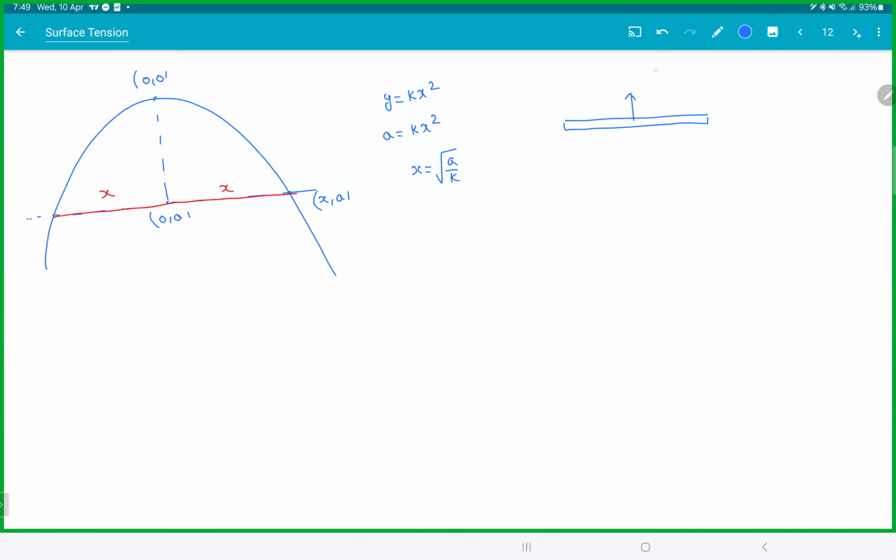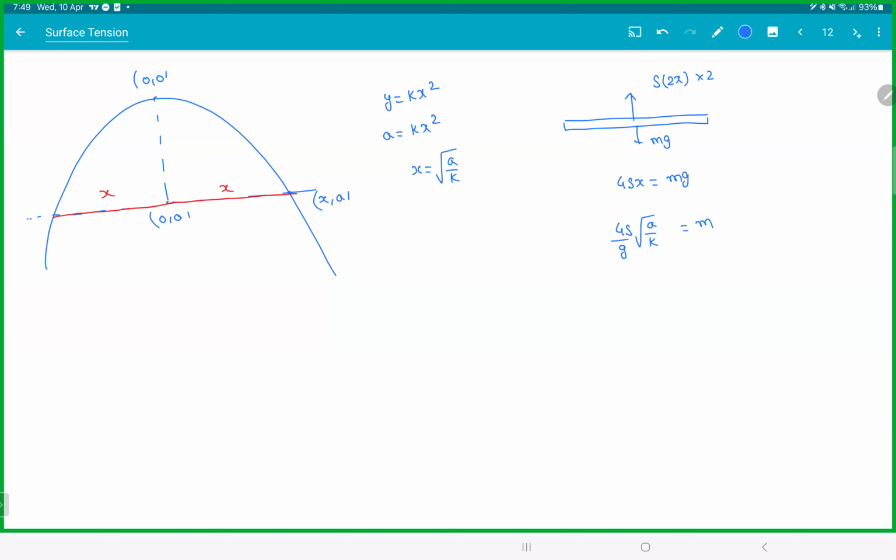On the rod, the force will be 2sx. There are two surfaces. S into 2x into 2, and this is the weight of the rod. Just check your equations. If you got the equations right, forget about all the variables. So 4s root a by k by g is l. Okay? That is the easy part.